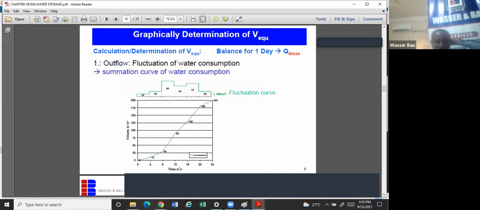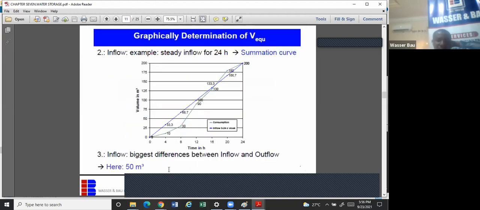I think I've thought about this. We've taught this. We spoke, my colleague emphasized this at length, and Robert was asking how to read it. Well, if I'm to read this at 8 hours, the first 8 hours, 8 a.m. in the morning, the flow is 66 cubic meters of water, while the consumption is about 30. At this hour, it is this, and then the difference will give me that quantity that I need to save in a storage tank.